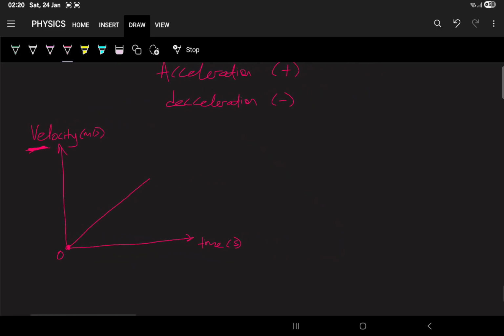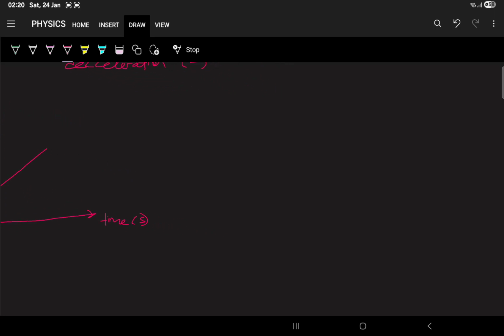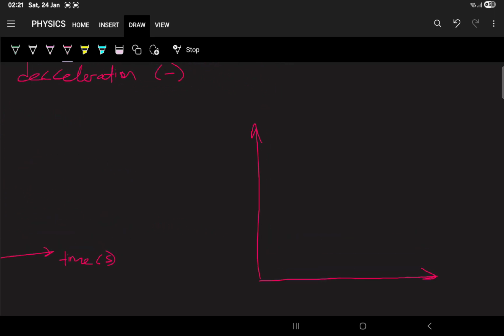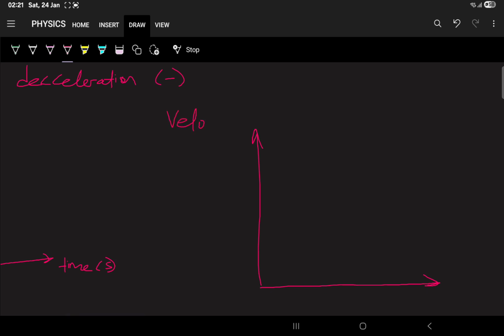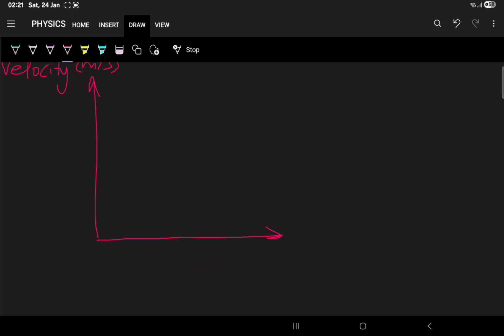Now this is the graph for acceleration, whereas for deceleration you also have velocity in meter per second here, and we have time in seconds here.